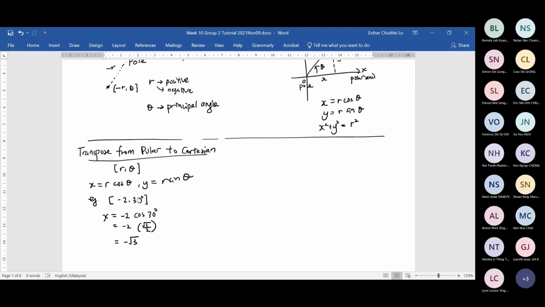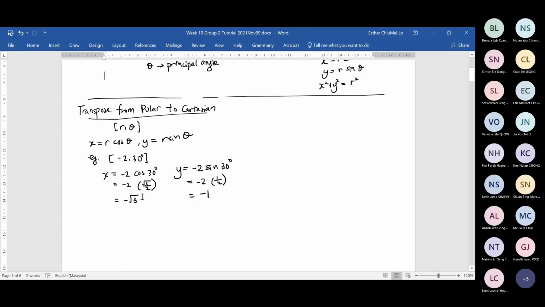Now for y, we just put in r sine 30. Sine 30 evaluates to a half, and then here we get -1. So if we transform -2, 30 degrees in polar, using the square bracket, it maps onto x and y, the Cartesian coordinates.